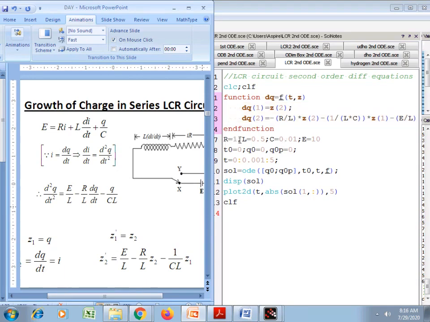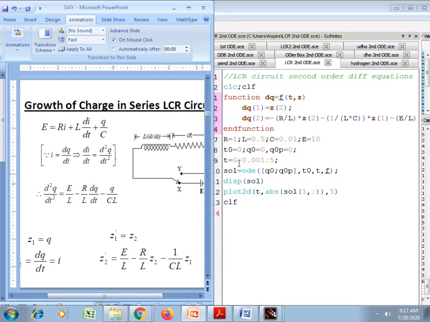The values of the constants: R is 1, L is 0.5, C is 0.01 and E is 10. For the initial condition, when the switch is moved to position X, the charge on the capacitor was 0 and the current through the circuit is also 0, therefore q0 prime is 0.